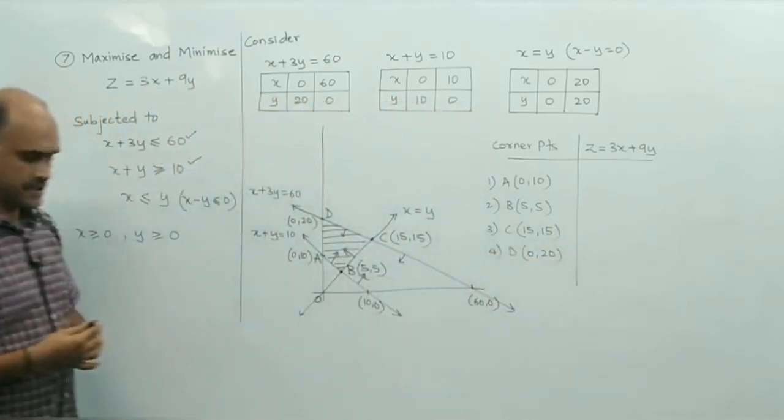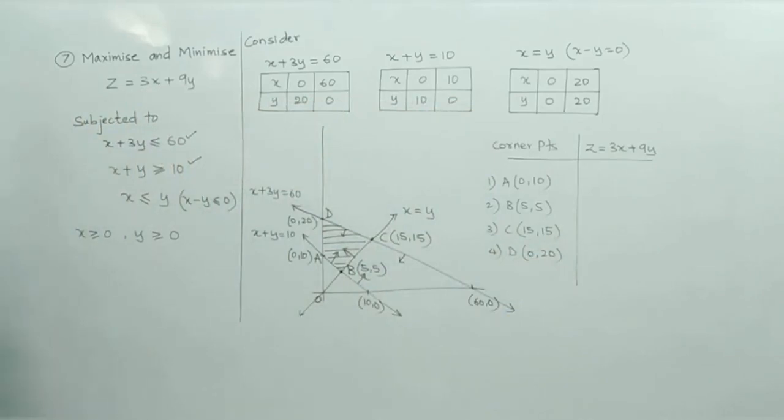Substitute these values and find the answer. Substitute the value of A, 0, 10 in Z and find the value. Similarly B, C and D.